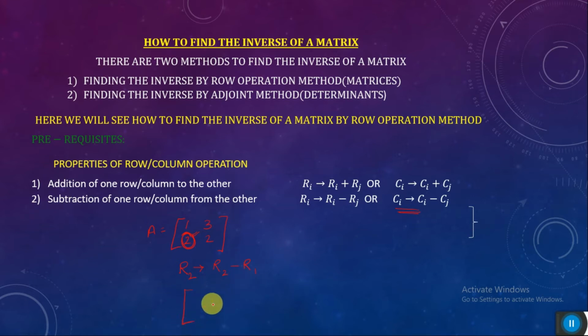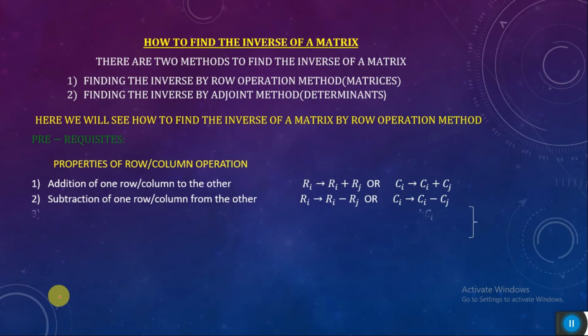You can see that this will become 1. Row 1 is not under operation, so you keep it as it is. 2 minus 1 will give me 1, and 2 minus 3 will give me minus 1. So this is how you will get 1 here. Look at one element at a time. Clear? So this is how you will use row operations.